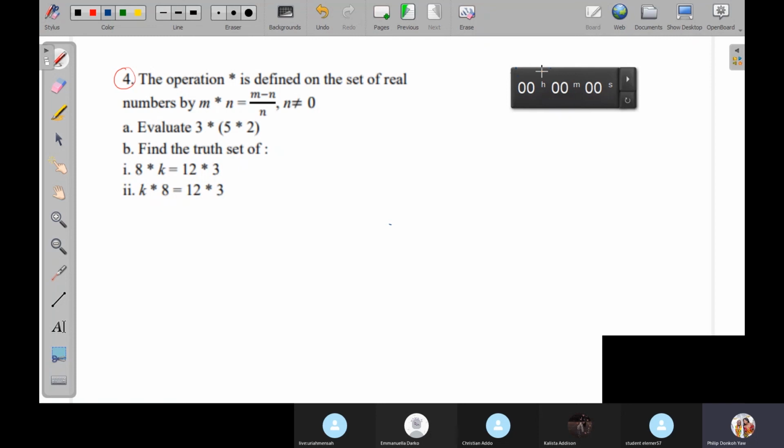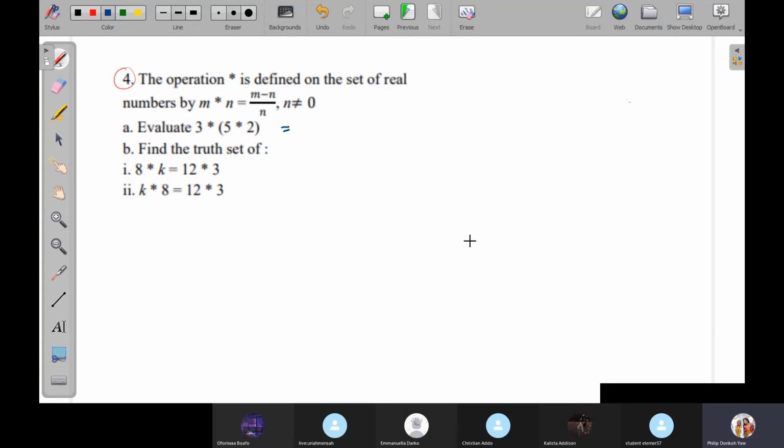Okay, so let's discuss the solution you've actually obtained. Having the binary operation rule defined as m star n equal to m minus n all divided by n, where n is not equal to 0. A, evaluate 3 star 5 star 2.